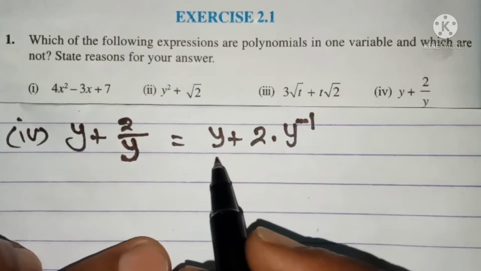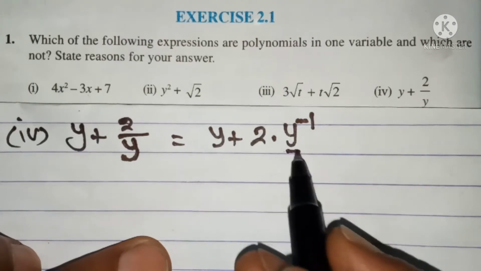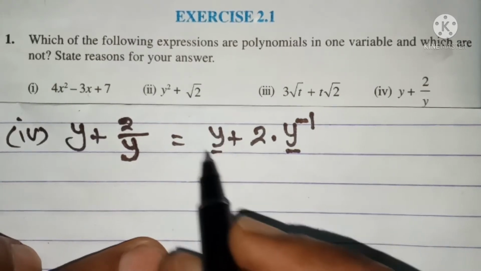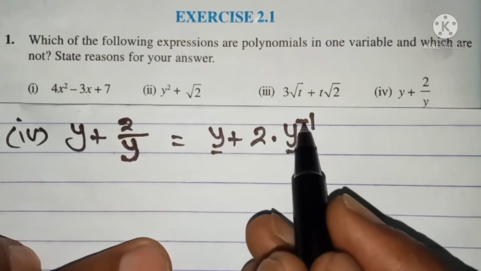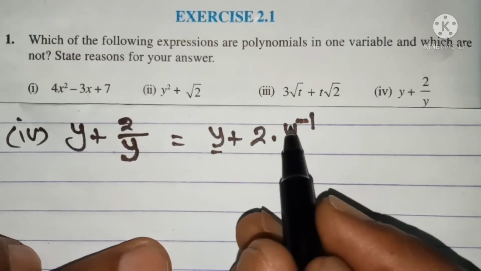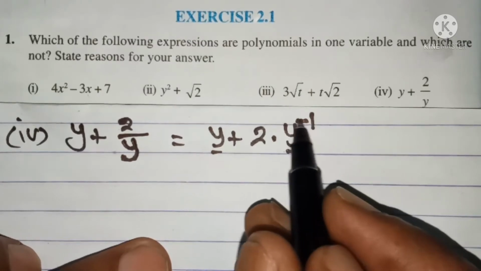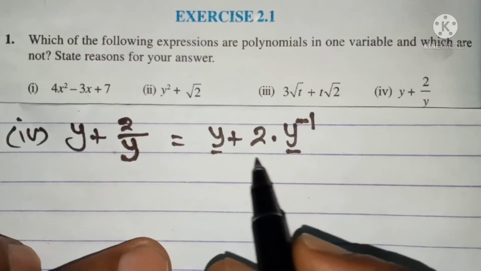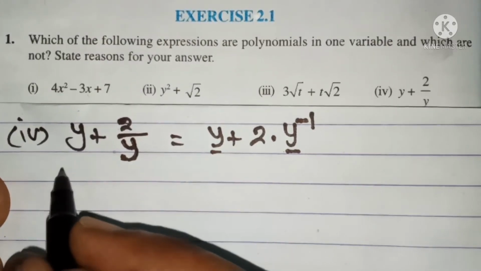Here we see that there are two terms, but the exponent of the variable in the first term is plus 1, while in the second term it is minus 1. Because the variable has its power or exponent as a negative integer, it is not a polynomial.